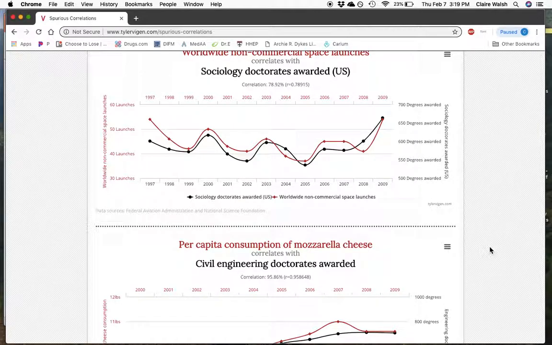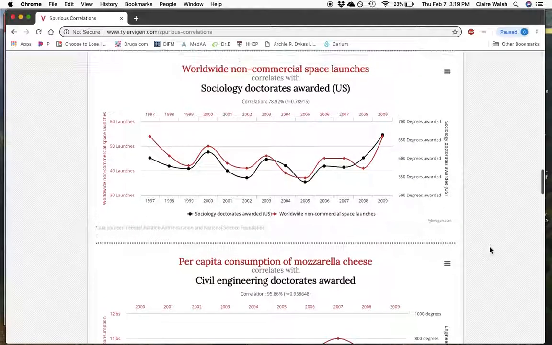But basically, the point that I really want to get across to you here is just because two data points appear to be correlated does not mean that one has caused the other. If there is some kind of causative relationship between them, we can't determine what that is from a population study because it's impossible to determine which item came before.